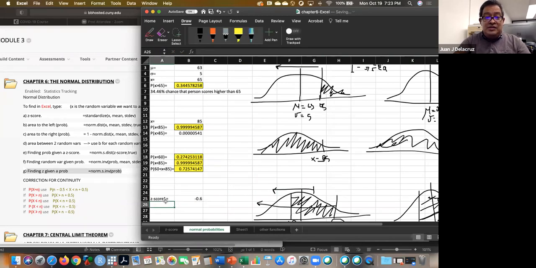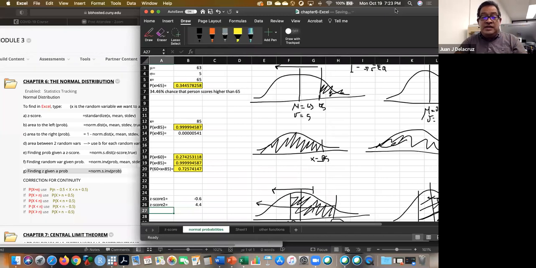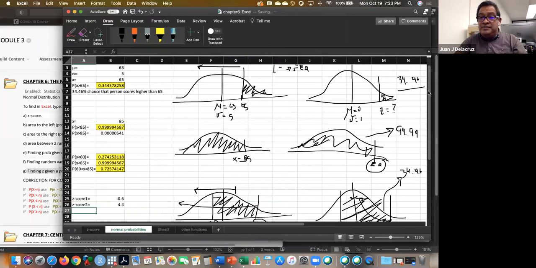I'm going to do the second one. The C-score for 2 is going to be equal norm.s.inv, and then I'm going to find the second one, right? And that is the C-score. So these two C-scores are going to be right here.